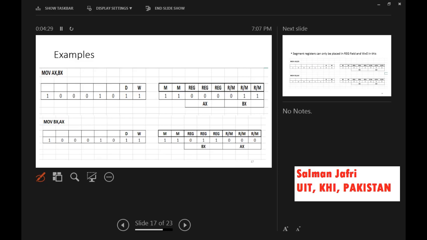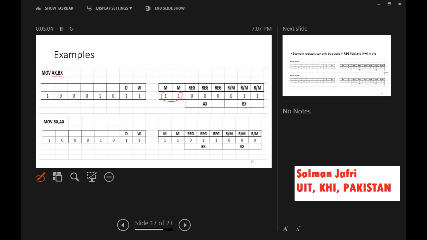Now we have the instruction move AX, BX. First of all, the addressing mode of this instruction is register addressing mode. Whenever we have register addressing mode, the mode field would be 1, 1. So 1, 1 is fixed for register addressing mode.